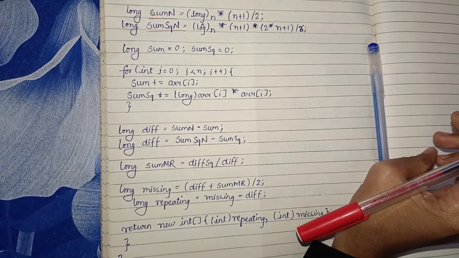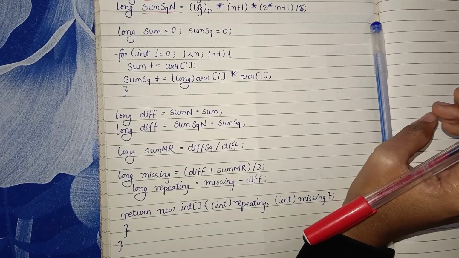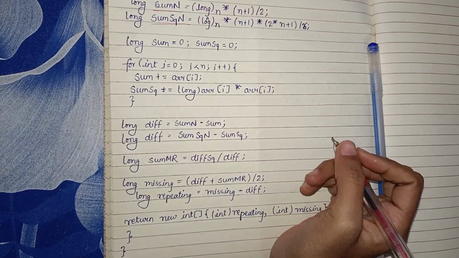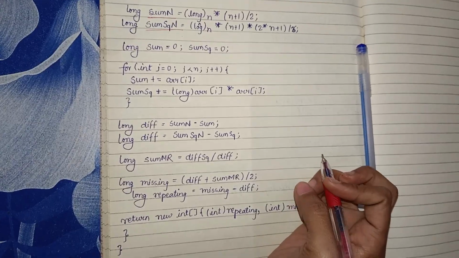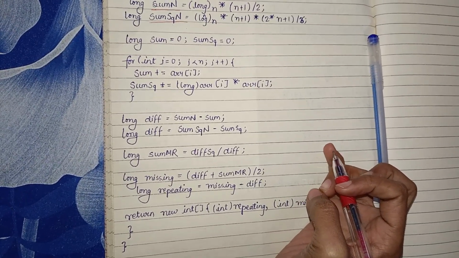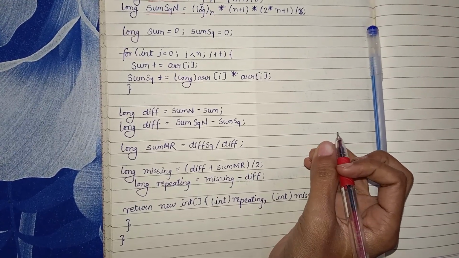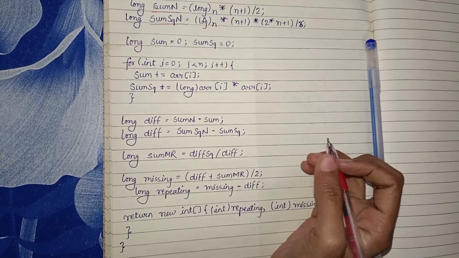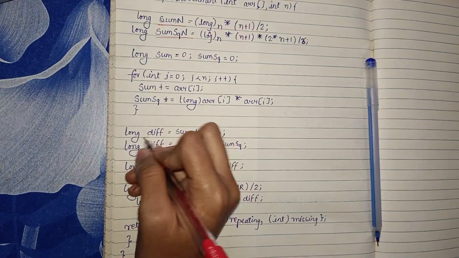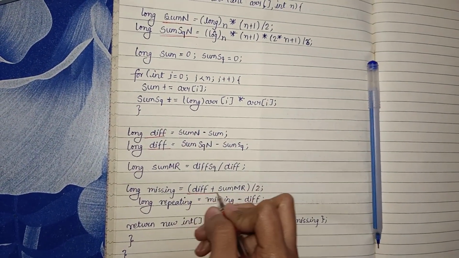The difference of sum gives missing minus repeating, and the difference of square sum gives missing square minus repeating square. Using these two equations, we calculate missing and repeating. This is the difference, and these are the formulas.